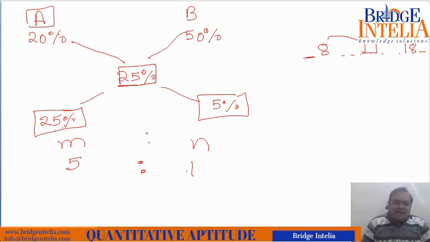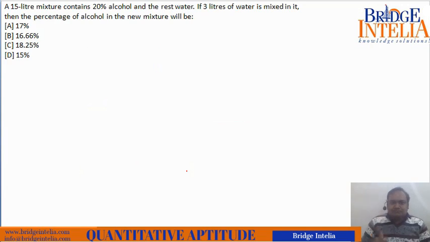Now let's take a few examples so that things become clearer. Here is the first example. A 15-liter mixture contains 20% alcohol and the rest water. So 15 liters of mixture you have, which contains 20% alcohol and the rest is water.